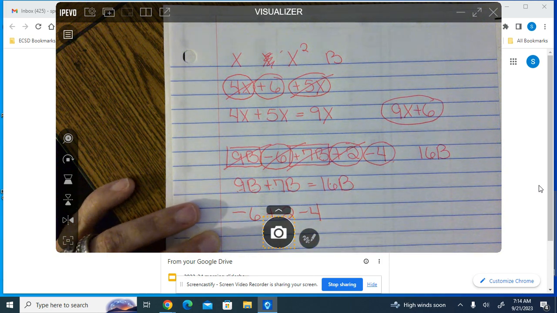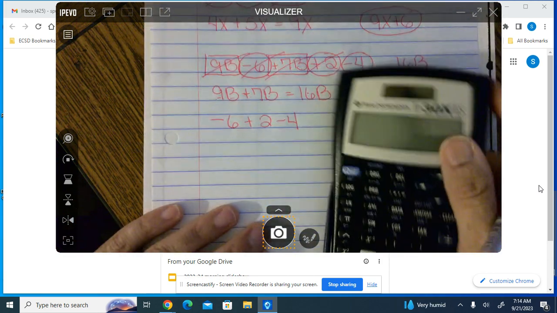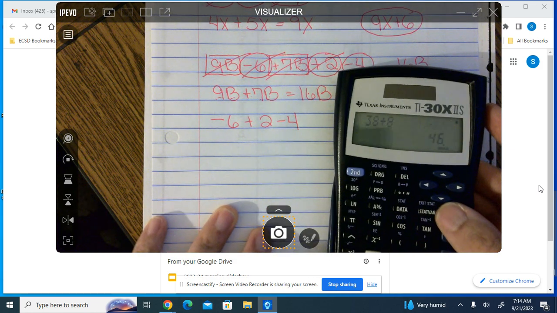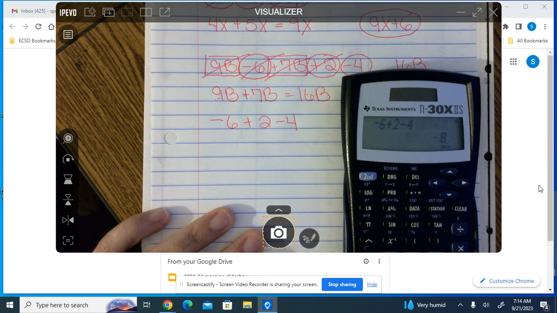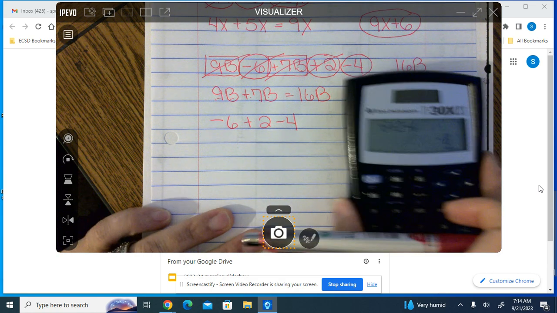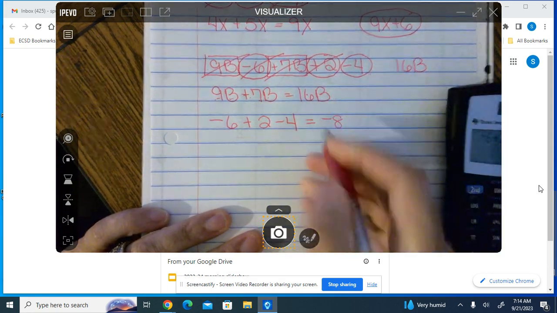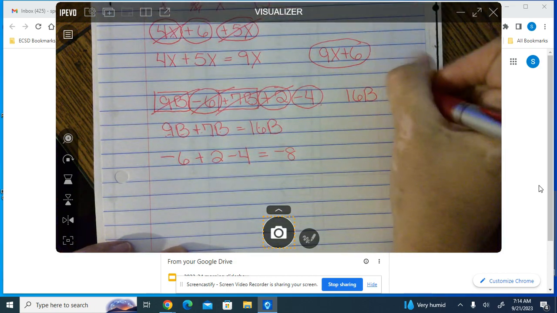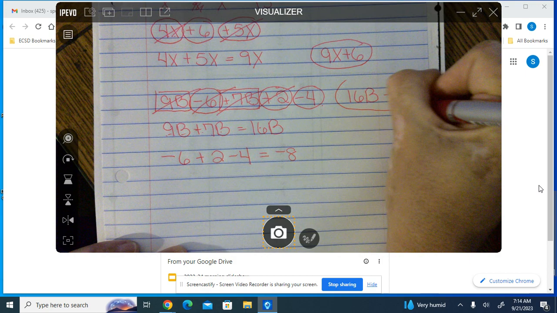Now you guys can still go through and use the calculator on this. So let's take a look at this. I've got a negative 6 plus 2 minus 4. So my answer is going to be negative 8. I go down here and write my negative 8. I'm going to bring it up over here to my expression.